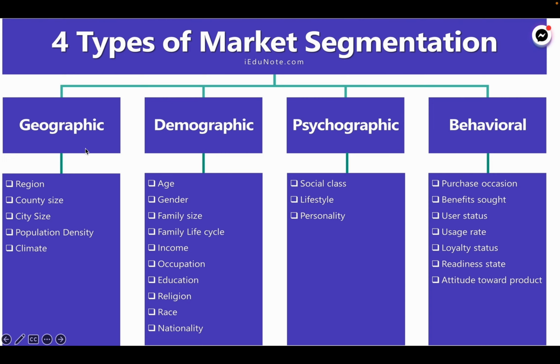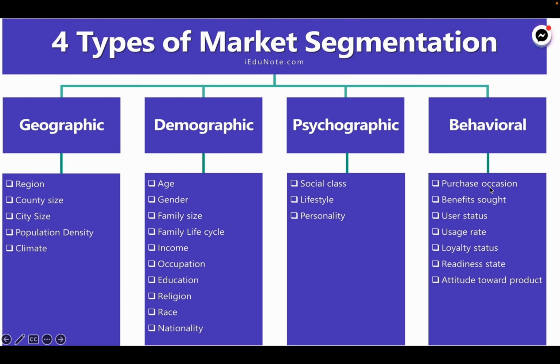First is geographic, second is demographic, then psychographic, and behavioral. In geographic, we consider the region, country size, city size, population density, and climate. In demographic, we segment the market on the basis of age, gender, family size, family life cycle, income, occupation, education, religion, race, and nationality. In psychographic, we consider social class, lifestyle, and personality.